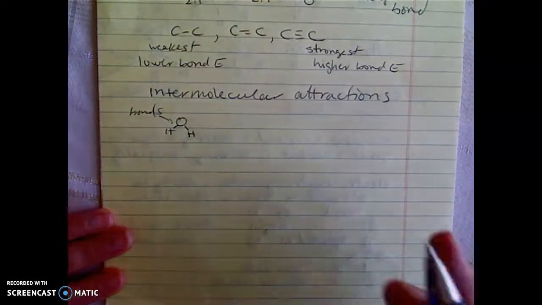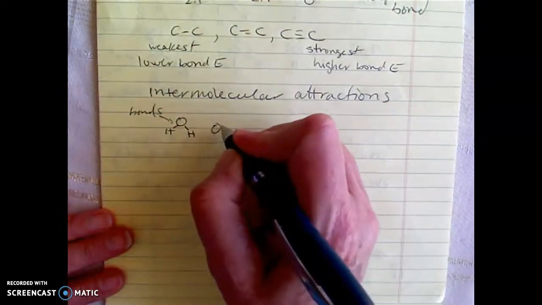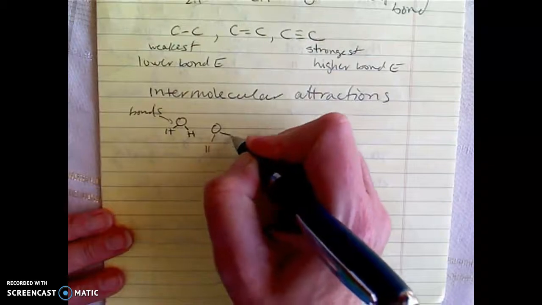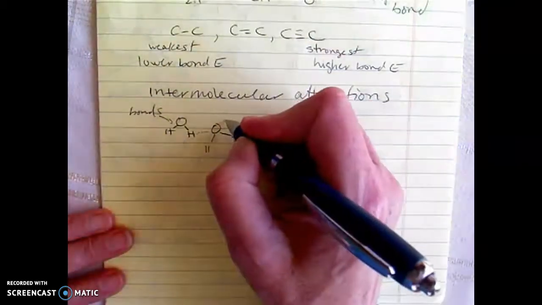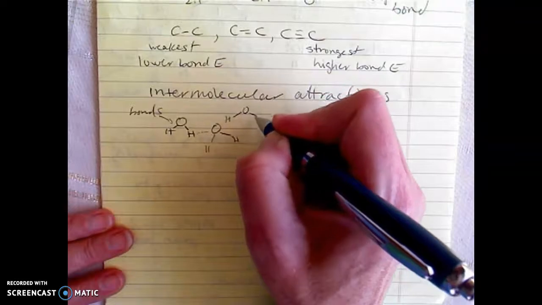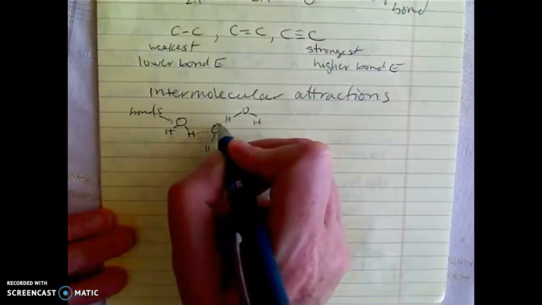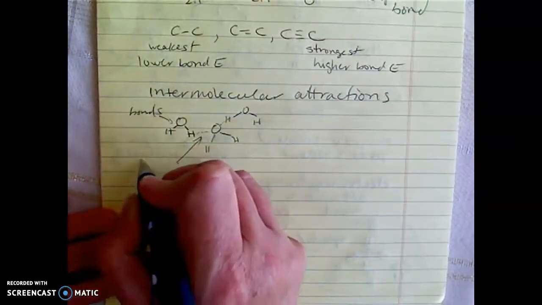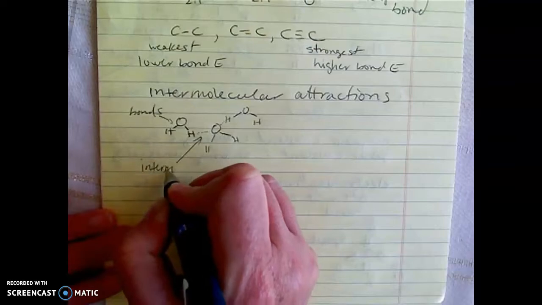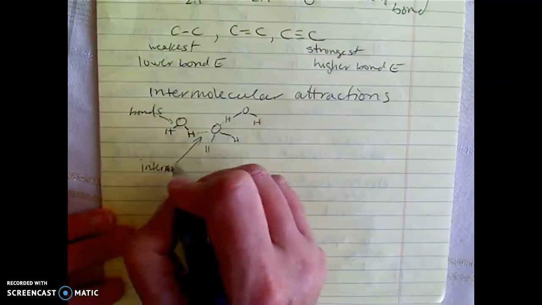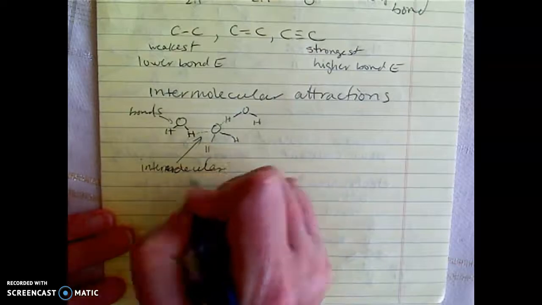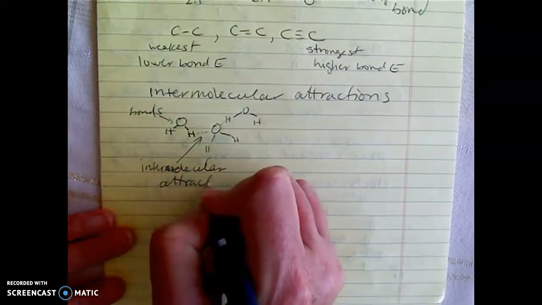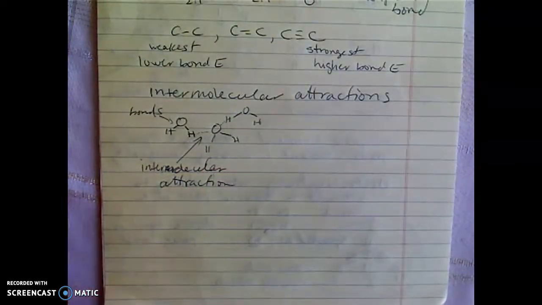But when another water molecule comes over, and they attract to form a water droplet, you get different attractions in here. And you have an attraction there. That is your intermolecular attraction. Okay, so they attract to one another, and that's what sticks them together.